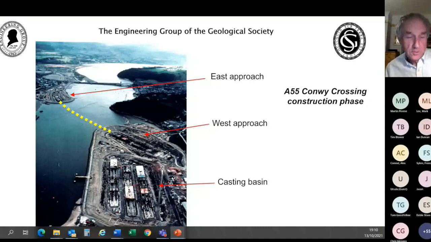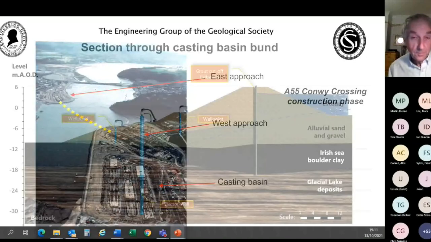So the total depth is between 10 and 15 meters below mean high tide level, and they're protected from the estuary by a total of about 2.5 kilometers of bunds and embankments. And there are different natural strata there, all of which required groundwater control. So if we can move to the next slide.